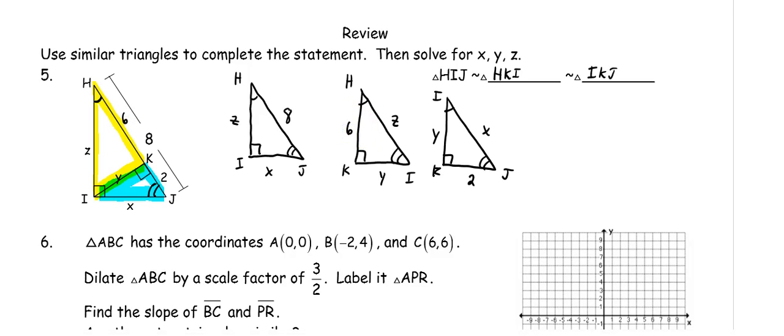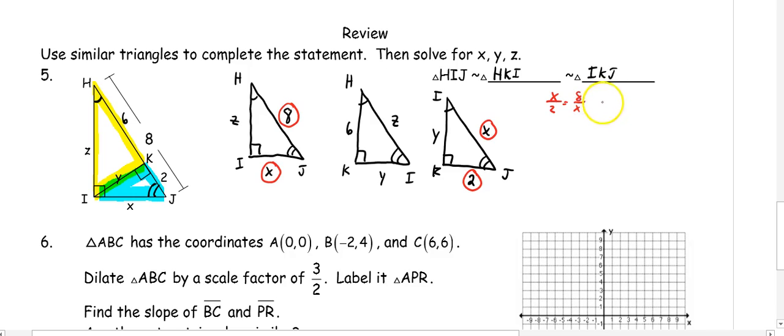So when I'm solving for each variable, I want to find which 2 triangles have the letter. So to solve for x, the first triangle and the last triangle have x. So we have x over 2 equals 8 over x. Cross multiply, x squared equals 16, so x is 4.